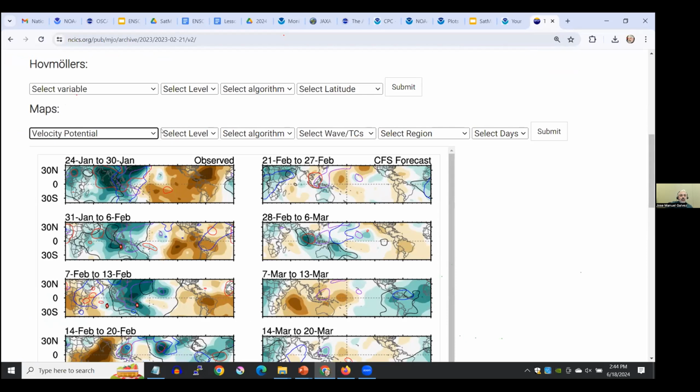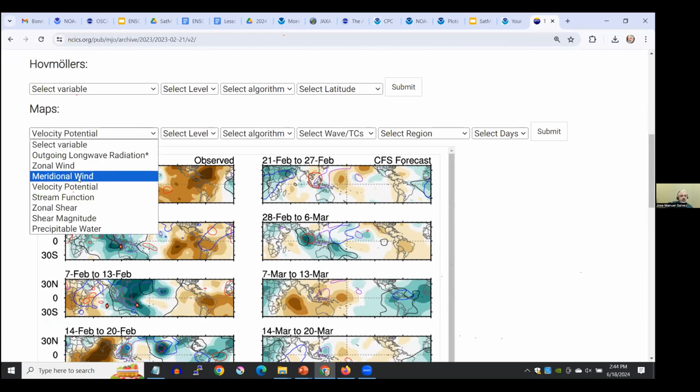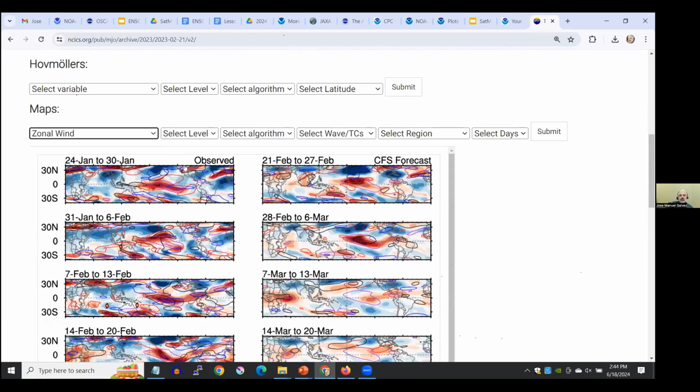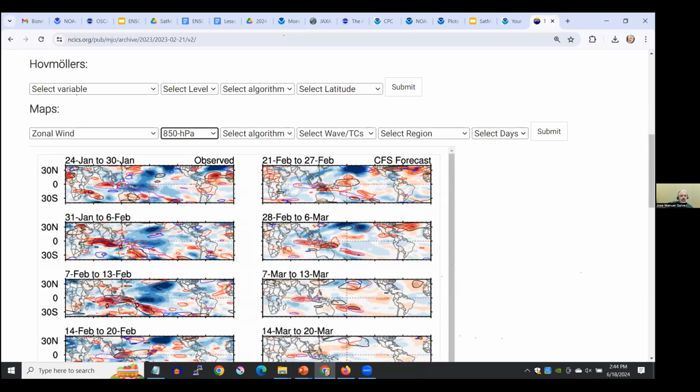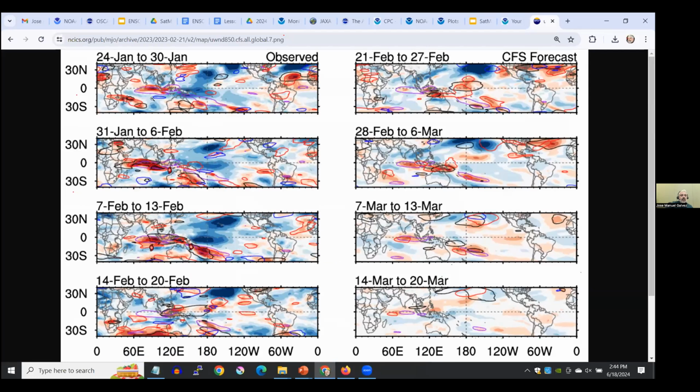So what I'm going to do, first I'm going to go to zonal wind, and then I'm going to go to lower levels, which is here, 850. Indeed. Look at my anomalies in this region. You can see the red means westerly wind bursts, all right?